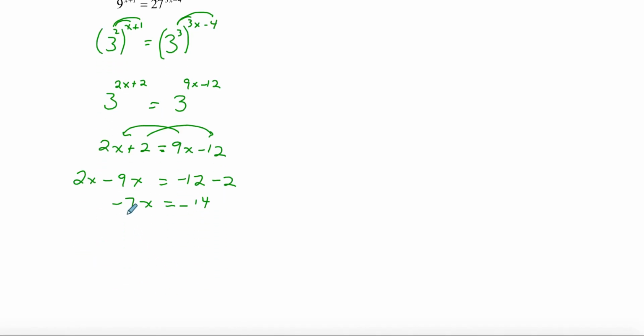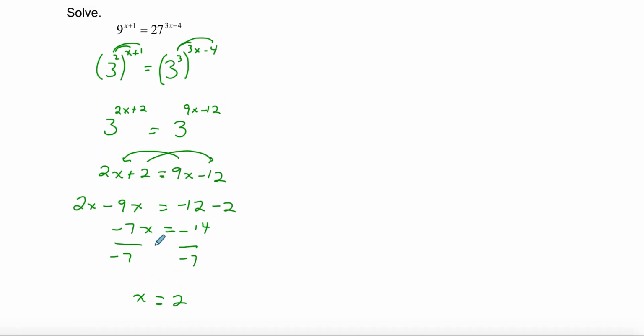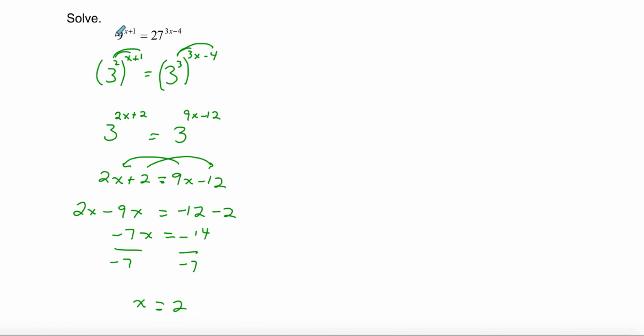Divide both sides by -7, and I think you won't find this too bad. So x equals 2. And we have solved the exponential equation, x equals 2.